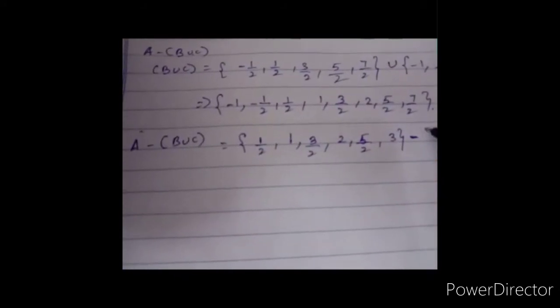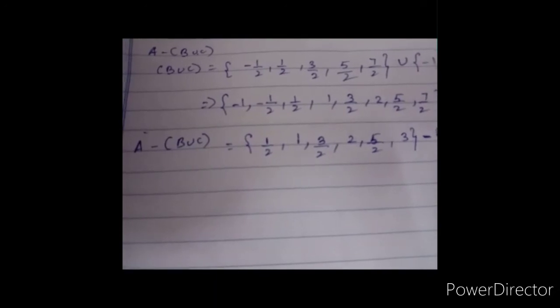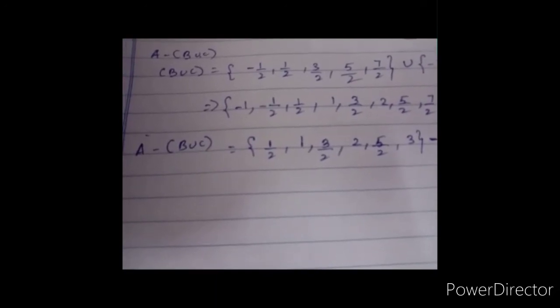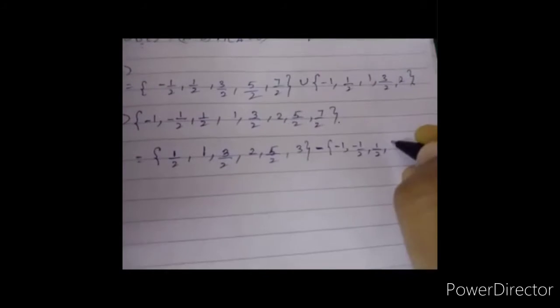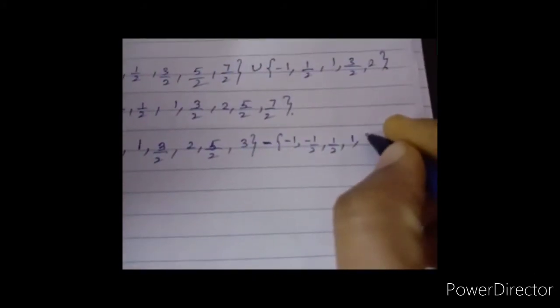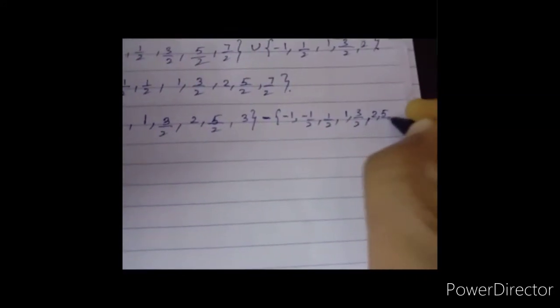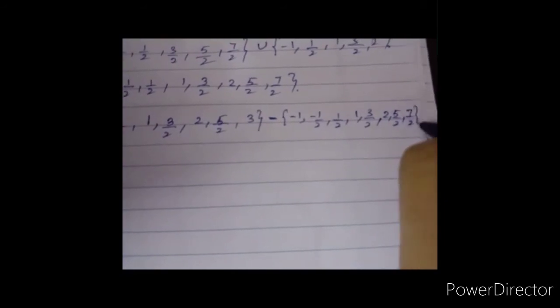Minus (B union C) is -1/2, 1/2, 1, 3/2, 2, 5/2, 7/2.